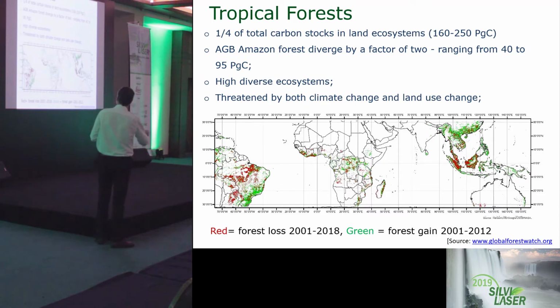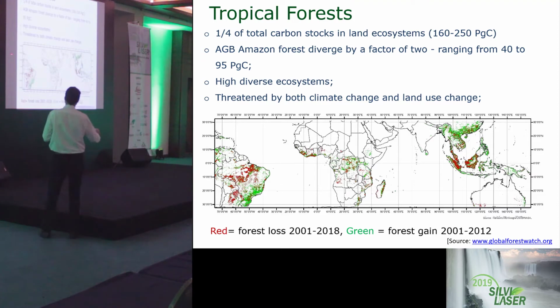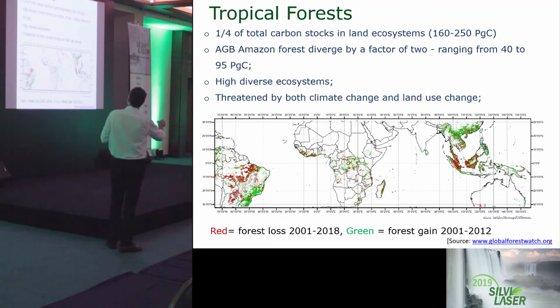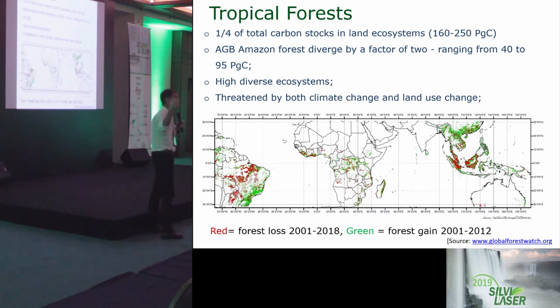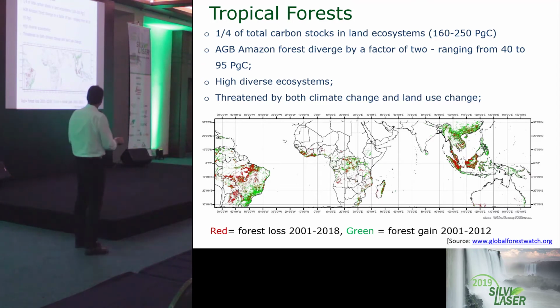We're talking about the whole tropical belt, which is almost this figure here, a little bit above the top two. It's about a quarter of the carbon in terrestrial land systems. And the Amazon, which has a broad range based on those maps, can be 25 to 50% of this.